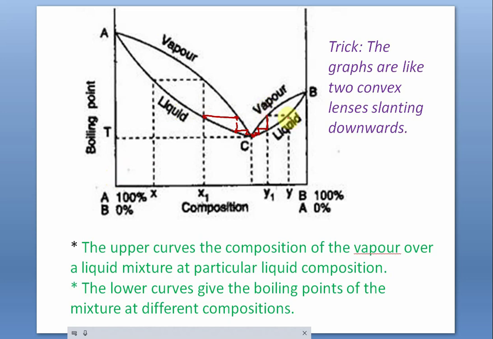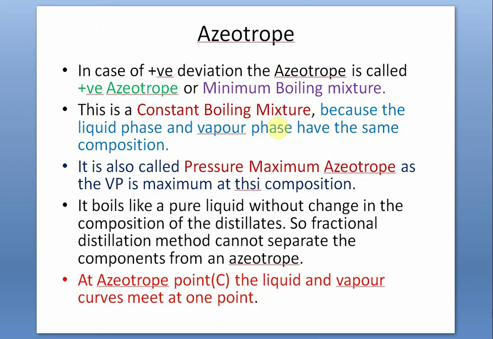If you take a composition which has a greater percentage of the more volatile component than the azeotrope, then you will end up with the pure more volatile component, ethanol, in the residue. And in every case, you will be getting an azeotrope in the distillate. Right? So I have written the same thing here.